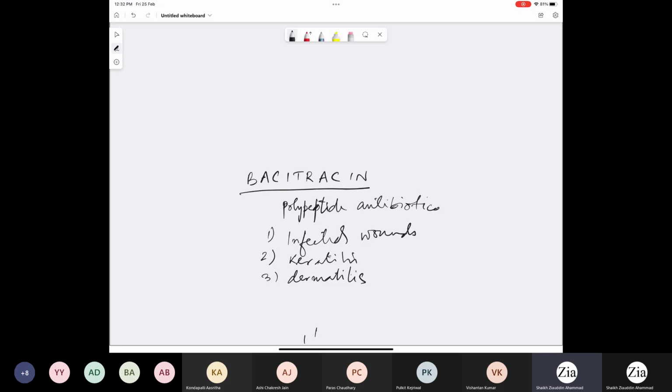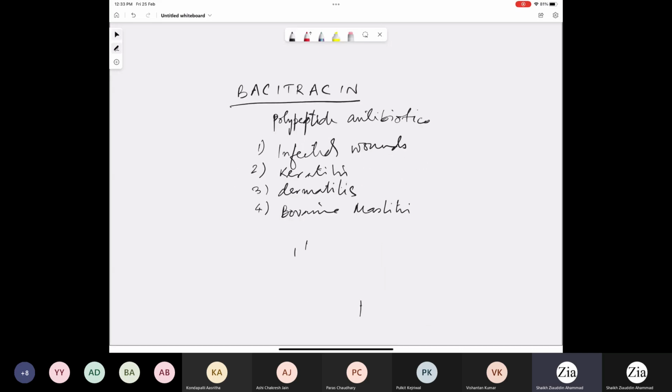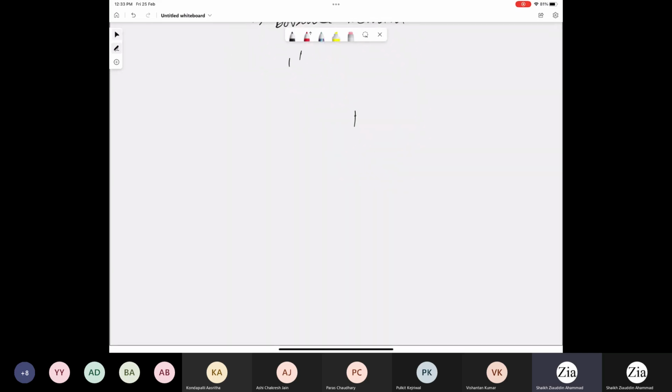It is quite a common disease in cattle farms, so bovine mastitis is also treated by this. It is for this kind of disease, but again, these are mostly different gram-positive and gram-negative bacteria.